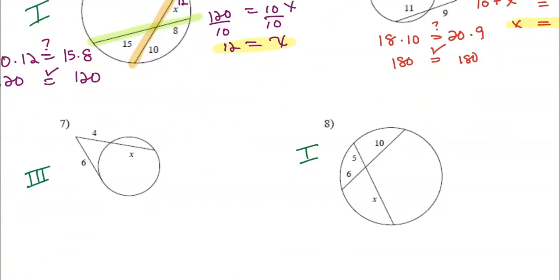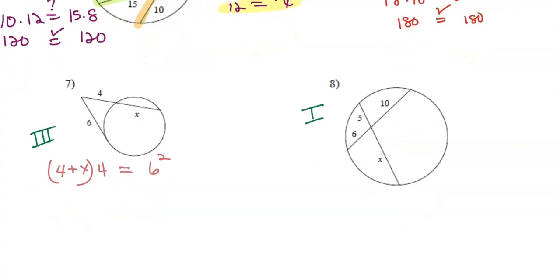Okay, this next one, number 7, is a tangent line that touches just once, and a secant line. So theorem 3 tells us that the entire secant line, which is going to be 4 plus x, times its exterior piece has to equal the tangent line squared.